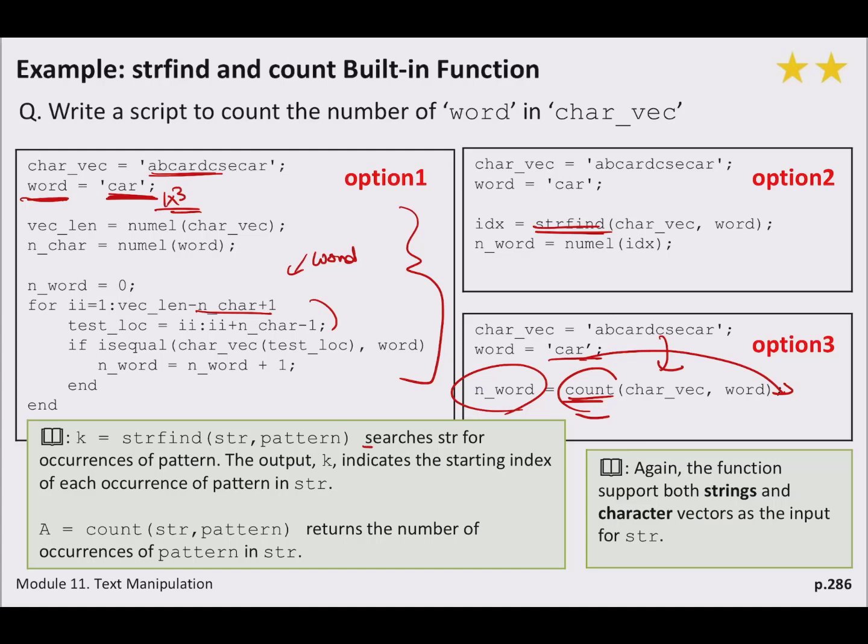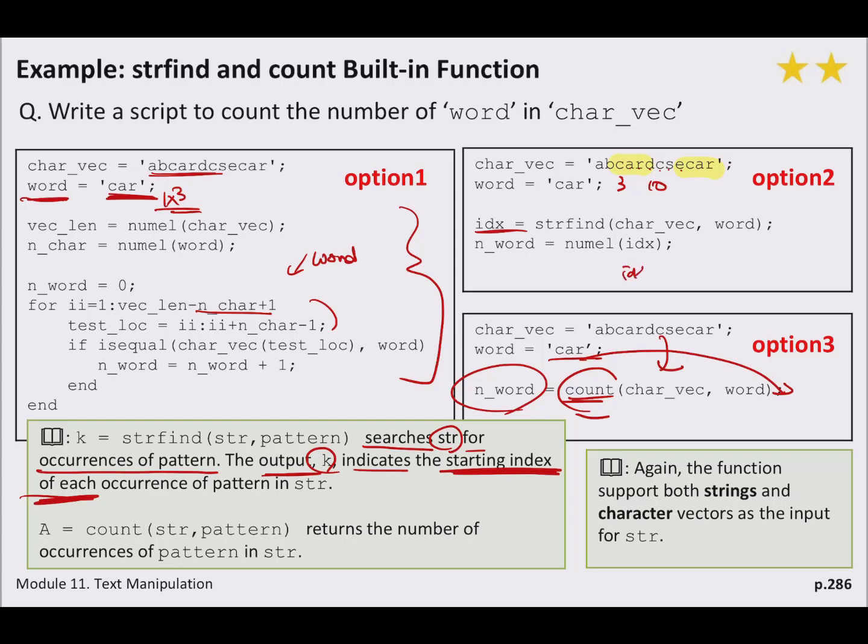Okay, strfind searches the string for occurrences of the pattern. The output k is indicating the starting index. So that's why, here, where is the car? Car is here, here. So the output index is 3, 4, 5, 6, 7, 8, 9, 10.